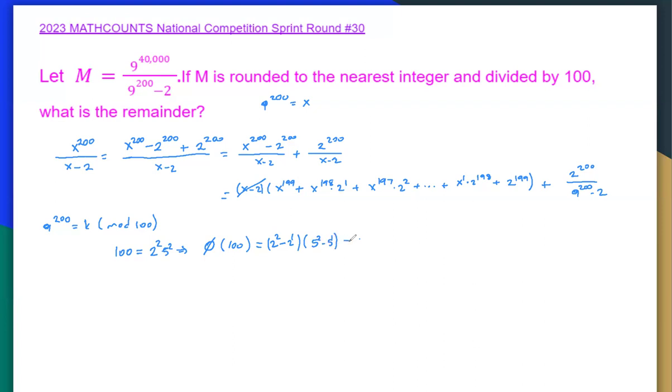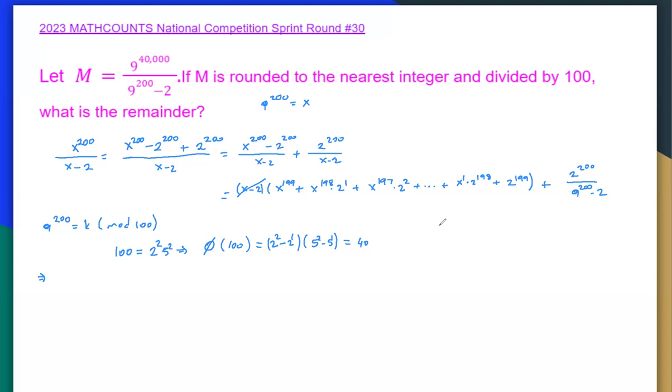Again, this is one way we use the totient function. That's going to be 4 minus 2, which is 2. 2 times 20 is 40. So meaning that we have 40, and since 9 and 100 are relatively prime, by Euler's theorem, maybe I should remind that a bit.